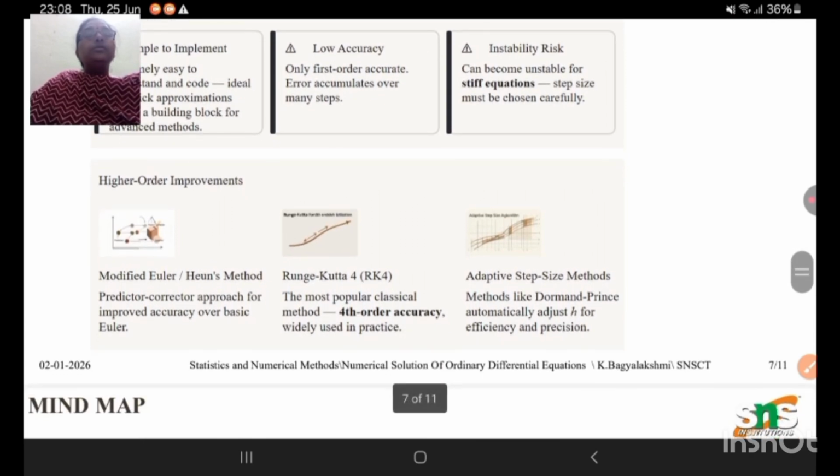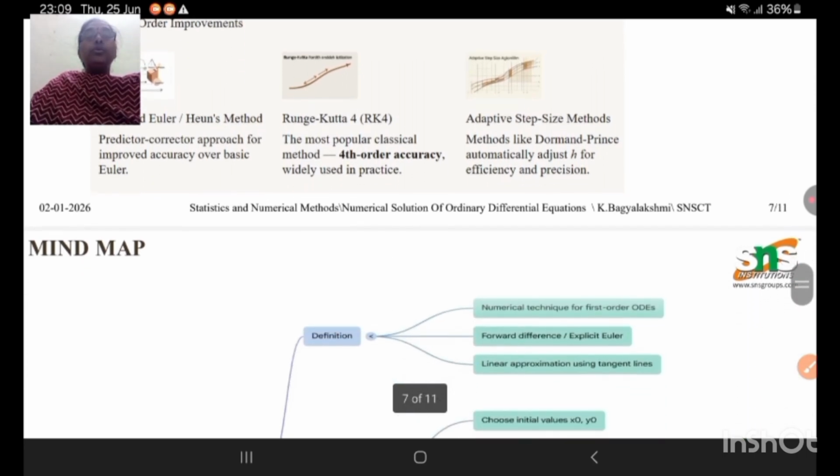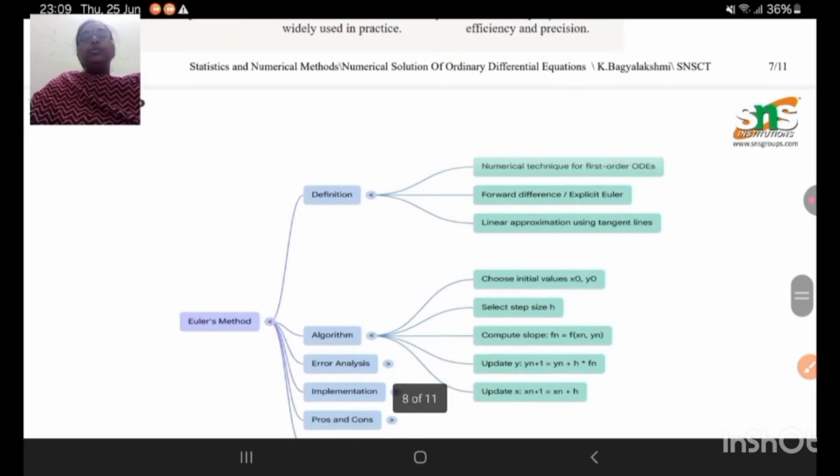Higher order improvements include the modified Euler, Heun's method with its predictor corrector approach, the improved modified Euler method, and also the RK methods. Next we can move on to the mind map.